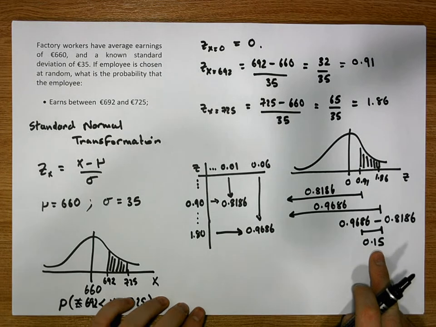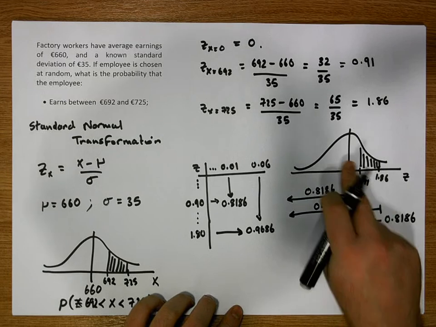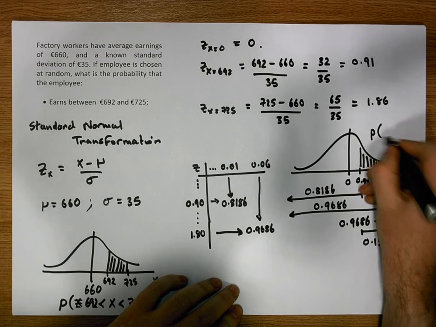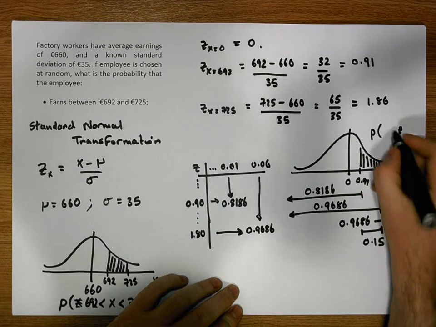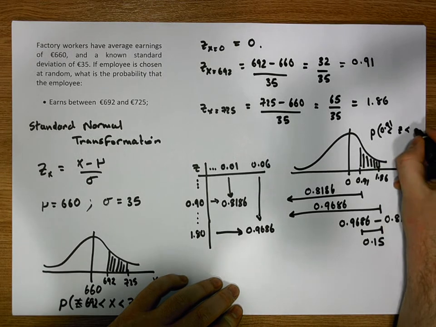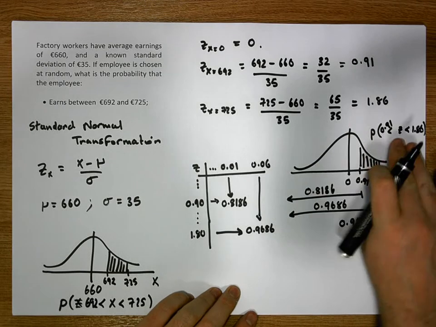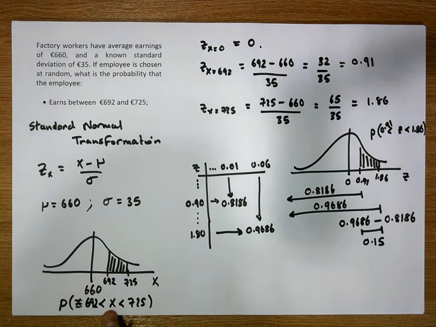So this area here represents the probability of observing a z-score that's greater than 0.91 and less than 1.86. Now we know through our transform that this probability is equivalent to the original probability that we require.